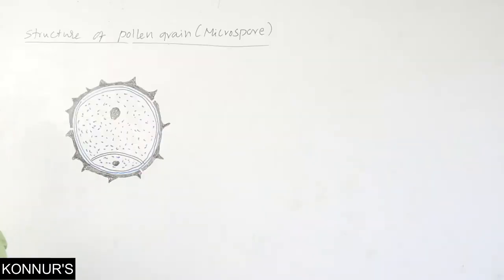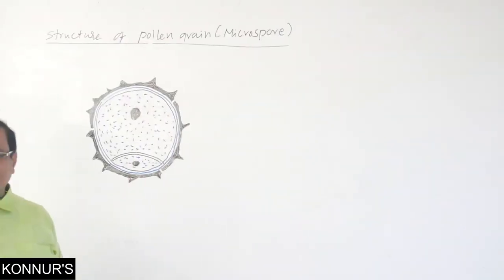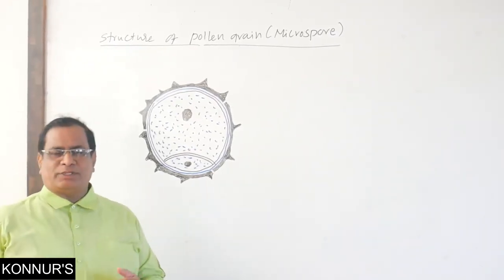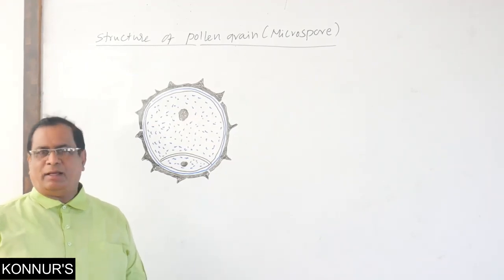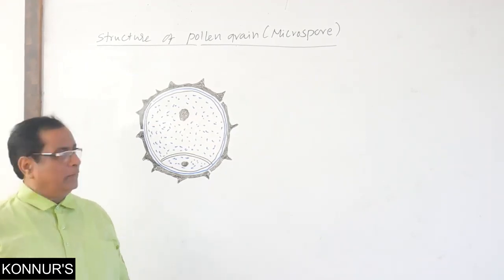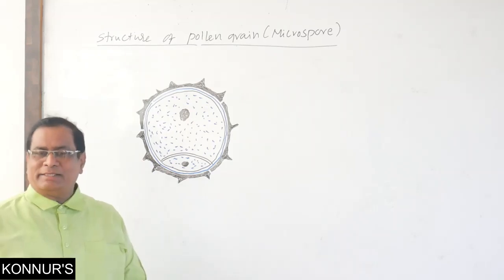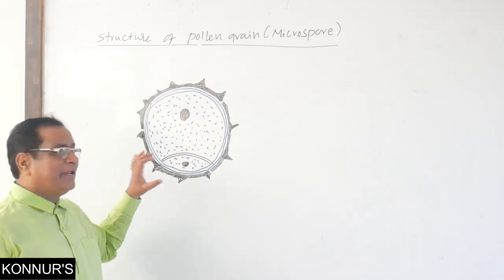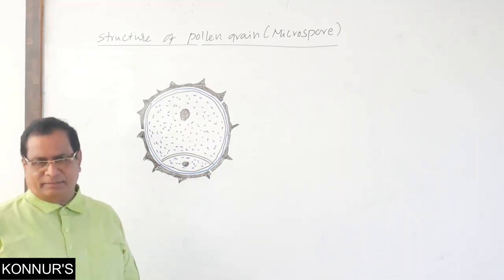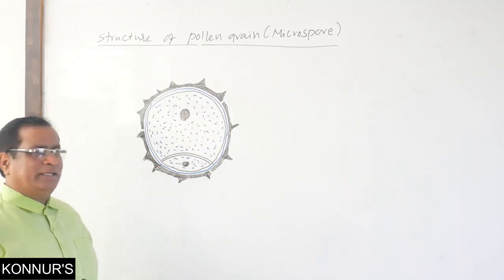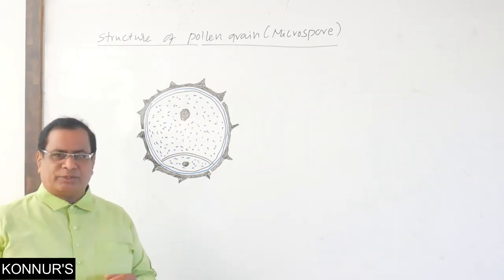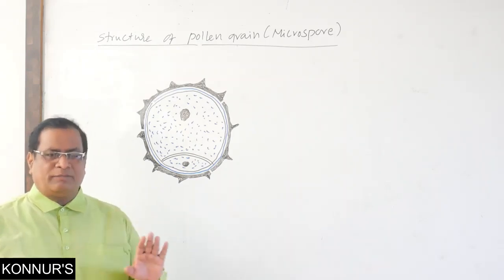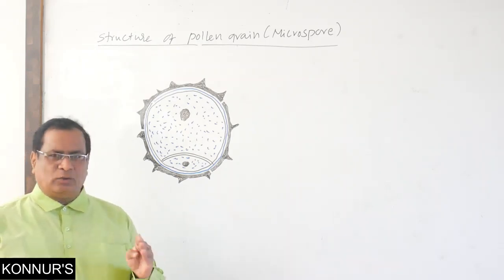Let us discuss the pollen grain. Already we know pollen grains are produced in the microsporangia of the anther. They are haploid in nature and are the carriers of male gametes. Whenever we touch the flower, there will be a dusting on the fingers.